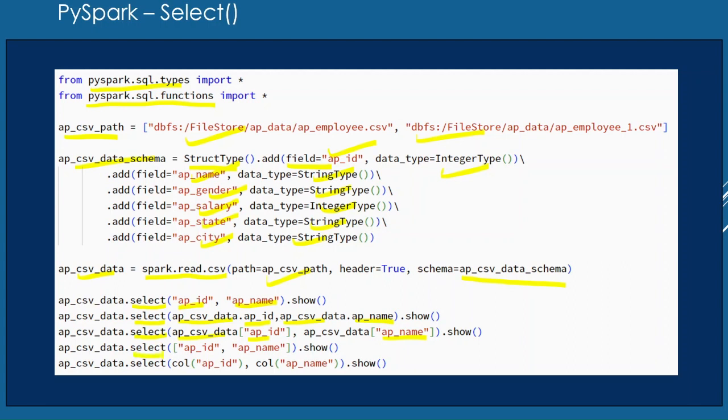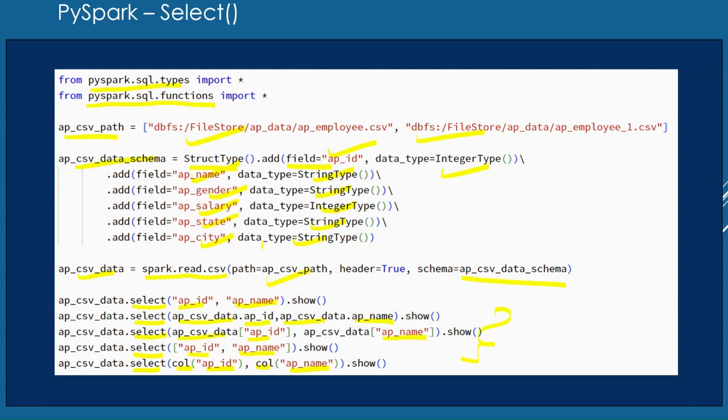The next one is to call the select function and in the brackets put all the names of the columns which you want to select. And the last one: with the help of the col function, we can also select a column name.